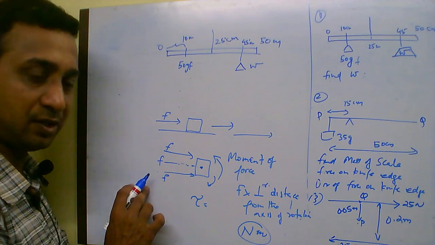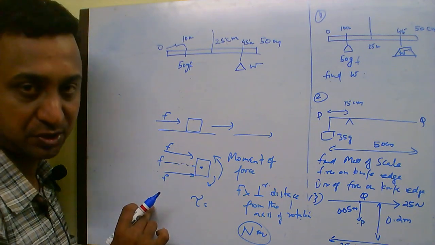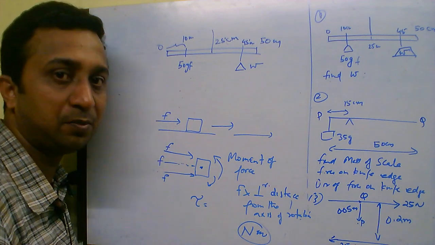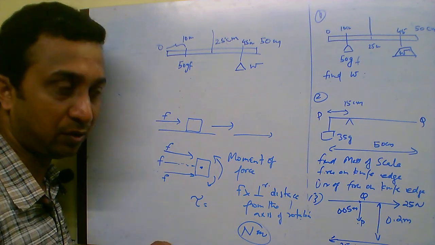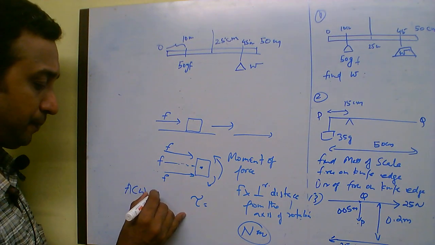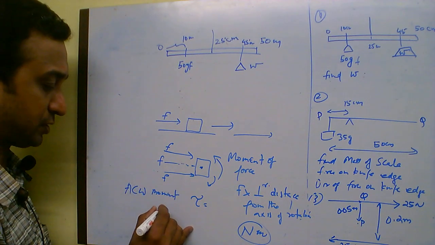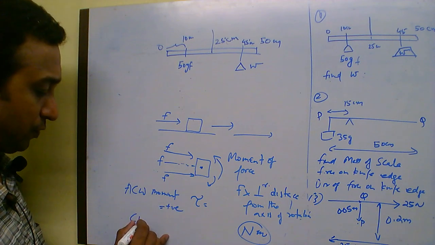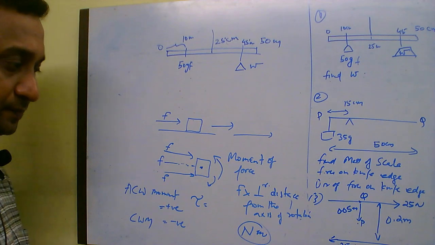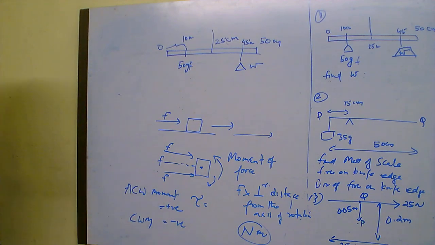So depending upon the position of the force from the axis of rotation, the body can turn either clockwise or anti-clockwise. So conventionally, anti-clockwise moment is taken as positive and clockwise moment is taken as negative. That is the convention.